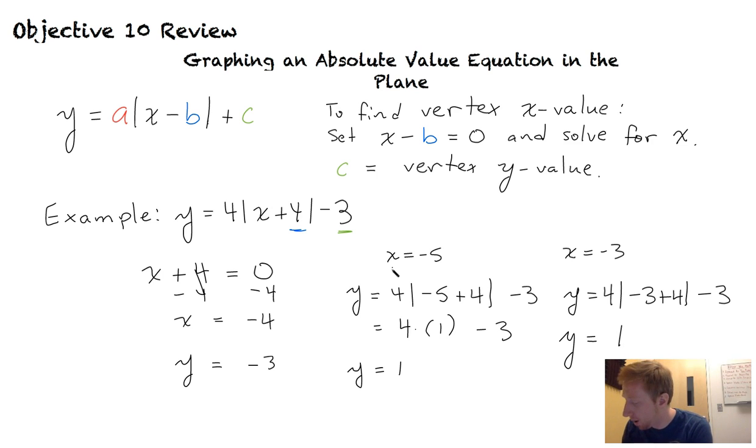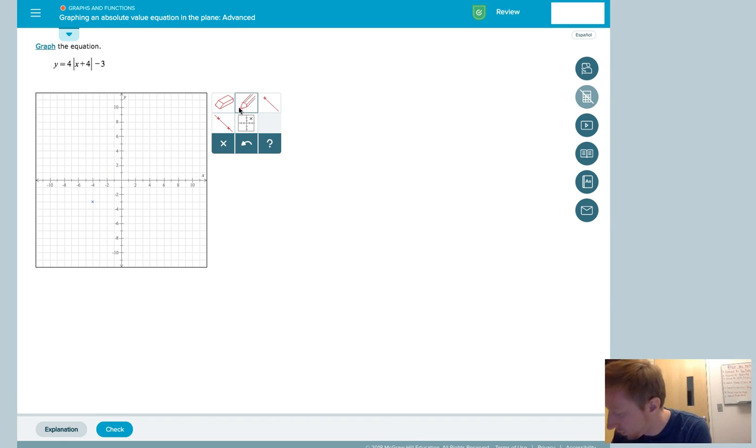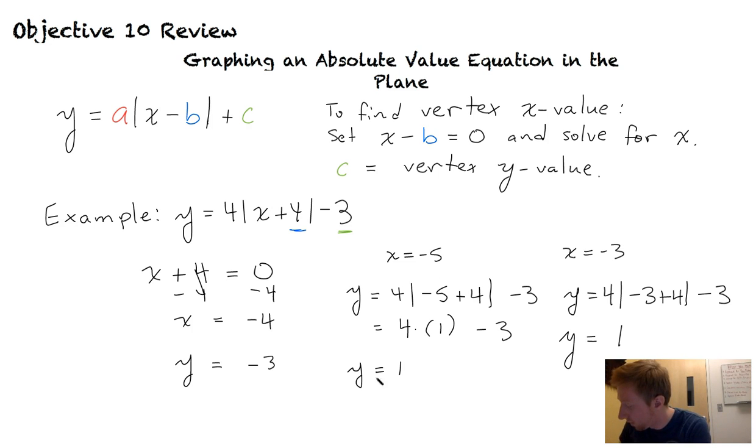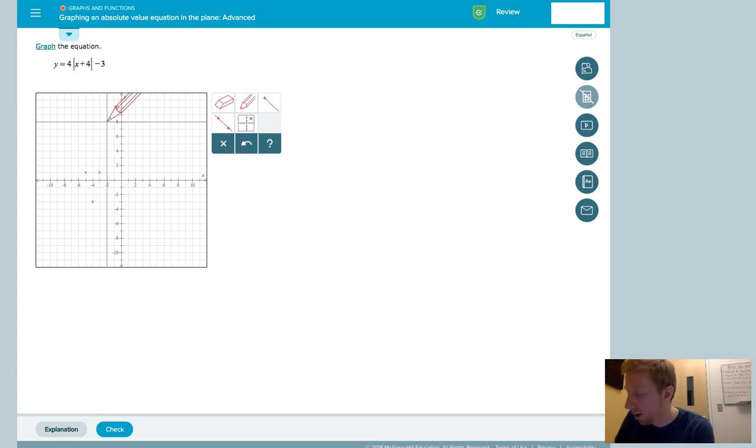So we'll then plot -5, 1 and -3, 1, which we can see shows symmetry in the graph. Check to be sure: -5, 1 and -3, 1.